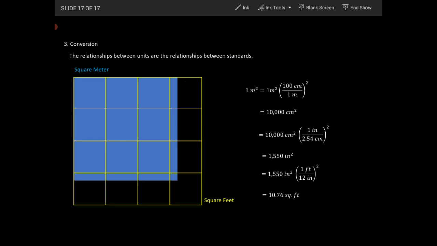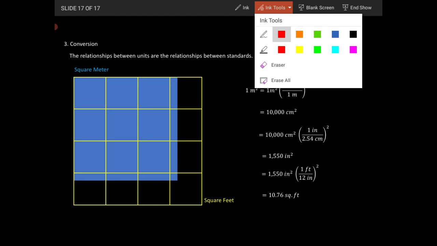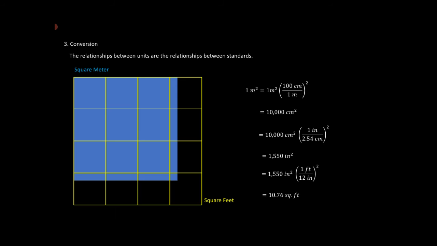So what did we see there? Well, what we did is we were just looking at how to take this blue square and chop it up into this region. So let me see, do I have any blue ink? Yeah, so I have blue ink here. So we can see just from the way we put this together that 1 square meter is more than 9 square feet. But we had a hard time getting a better idea just by looking at this mesh. So what we do instead is we've done this conversion.